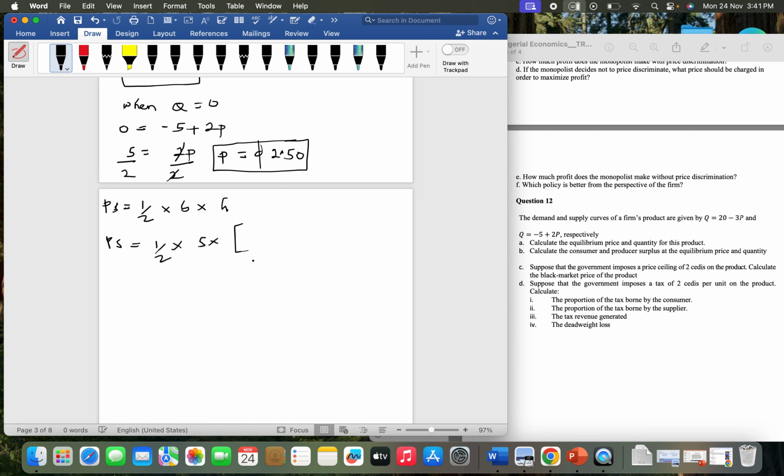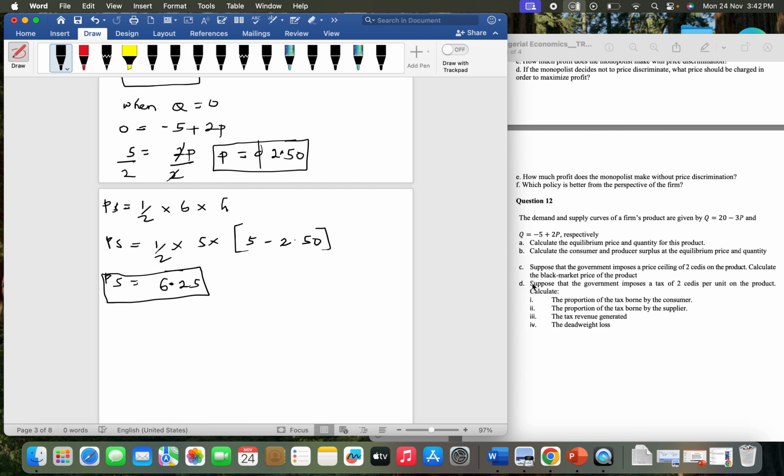So now the height becomes 5 minus 2.50. When you use a calculator, half times 5 times 2.50 will give you 6.25. So this is our producer surplus. So I'm done with the B part of the question.